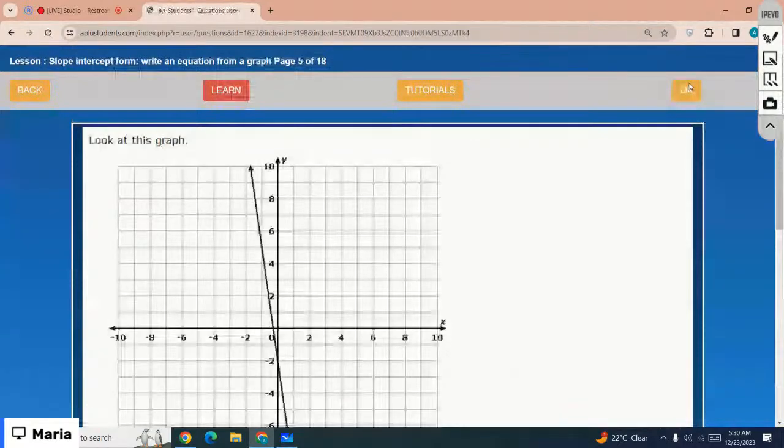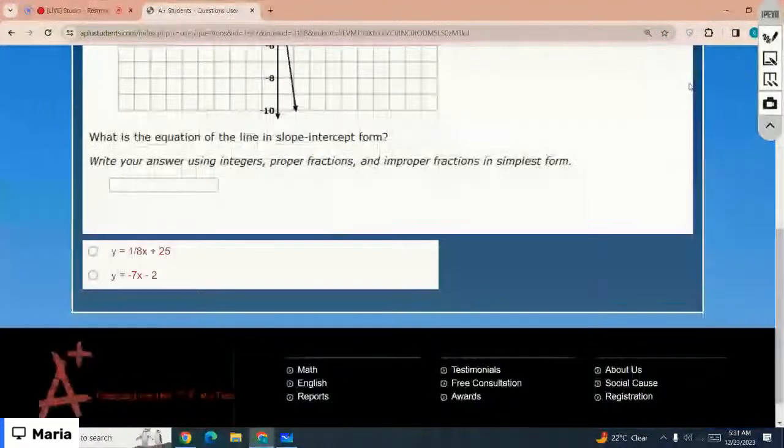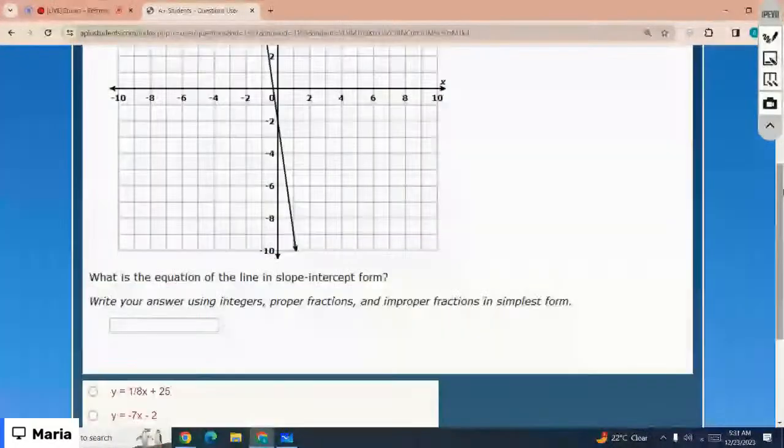Okay, look at this graph. Which is the correct option? Option 1 or option 2, you can see the graph. Here is the correct option.